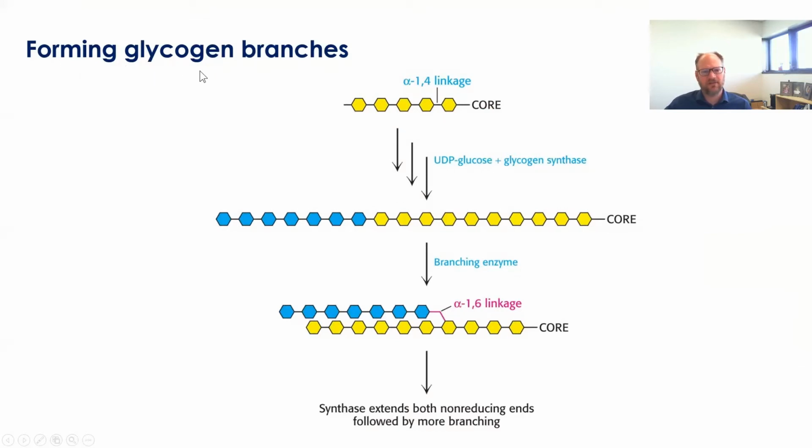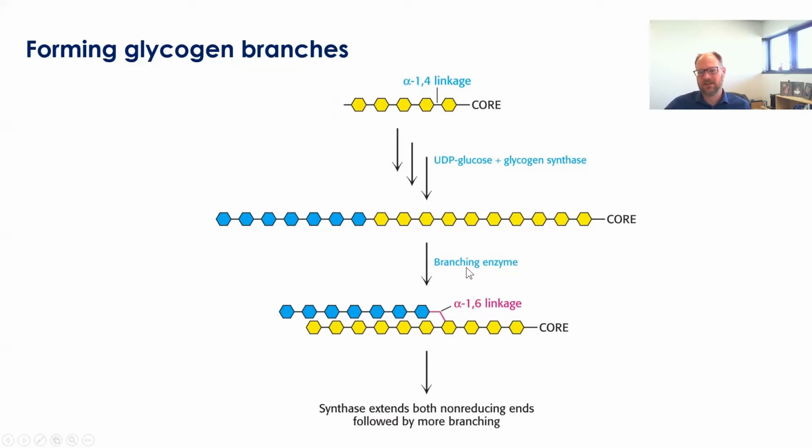Glycogen is synthesized by this enzyme glycogen synthase, and it grows from this core that's sitting at the reducing end towards the non-reducing end of the molecule. So it gets extended in the non-reducing direction. And this happens iteratively, where we add units on, add units on, and add units on. And eventually, a whole bunch of these units will be displaced and moved to a 1,6 position, and that's this branching enzyme.